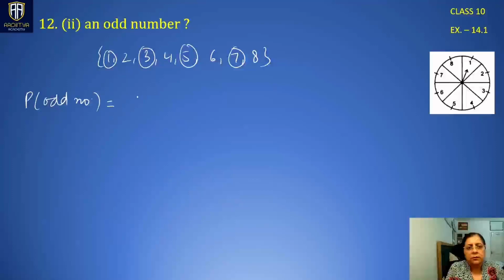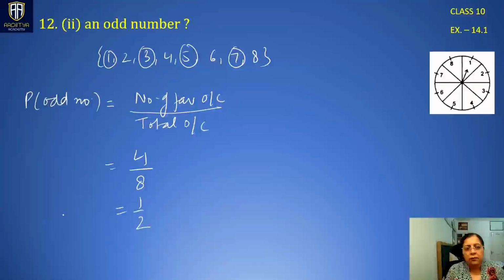So this is number of favorable outcomes upon total outcomes. Here we have 4 favorable outcomes out of total 8. The probability of getting an odd number, or the arrow being stopping at an odd number, is 1 by 2.